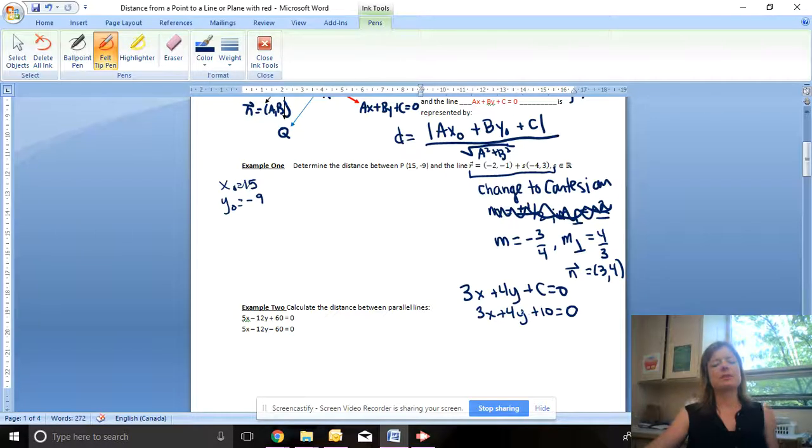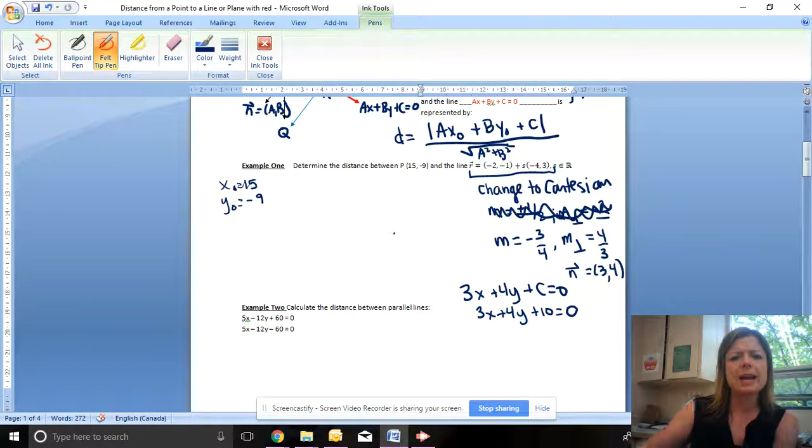Okay, so I'm assuming that you know how to solve for that from before. So now our A is equal to 3, our B is equal to 4, and our C is equal to 10, and we put that all into this distance formula and just see what pops out.